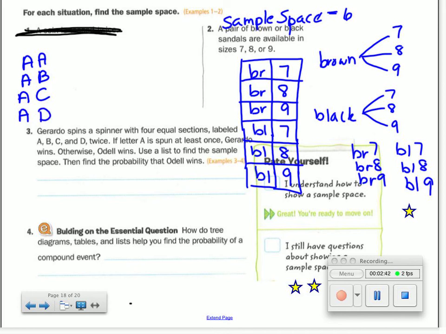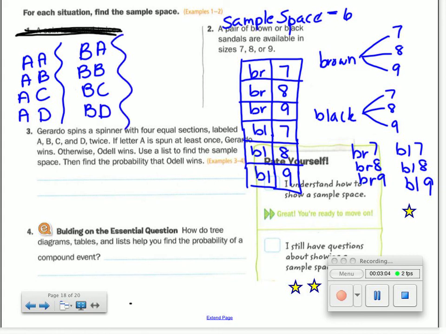All right, let's keep going. So now, what would be your next? What would be logical to keep organized? A B. And then what could be his second spin? A. You guys get the hang of this? B, B, B, C, and B, D. Staying organized, what would be the next letter you'd probably want to use?